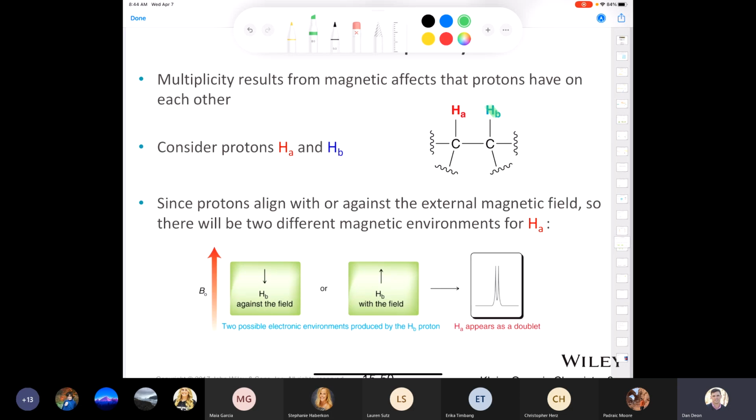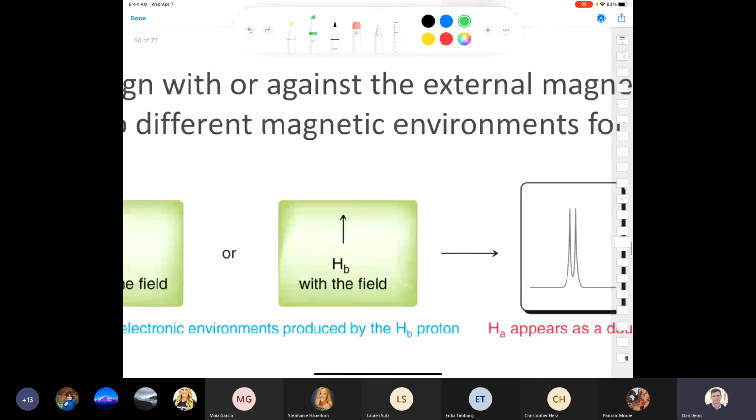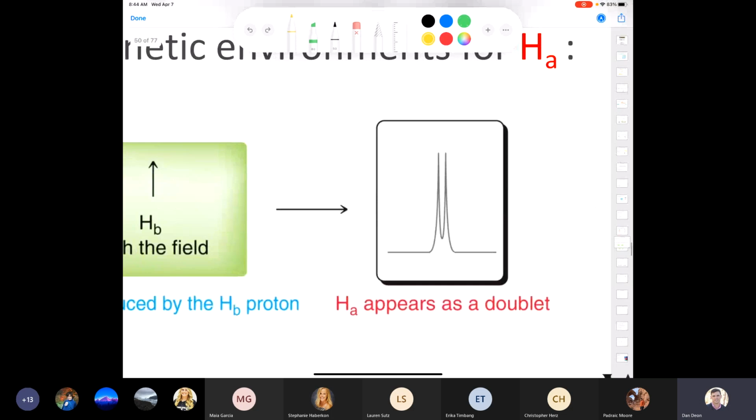If HA is de-shielded, it's going to give you a signal that's going to be a little further downfield, right? This is the result of the de-shielding effect, de-shielded, so to speak. I can spell. And then this one is going to be a little bit shielded. So we end up with two different peaks in the signal.